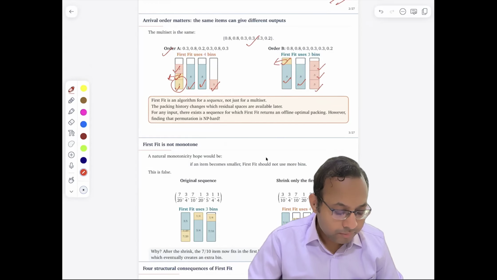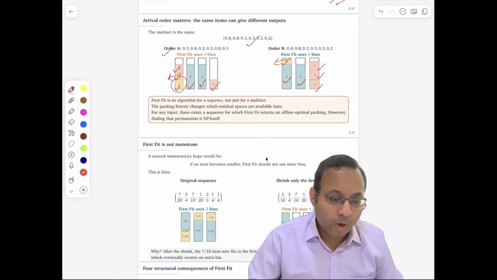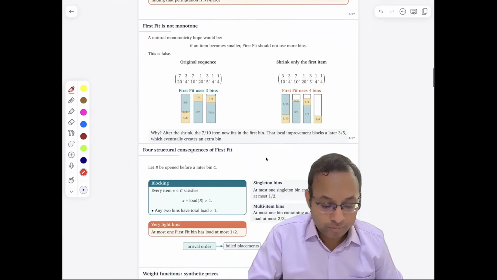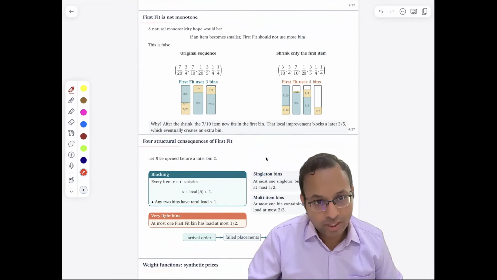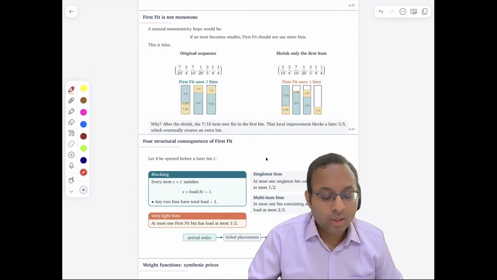Now there are some interesting properties of first fit. We'll see one of them: first fit is non-monotone. That means intuitively we believe that if we have some set of items and I increase the size of the items, then OPT should go up, and that is true. And similarly, if I decrease the item size, OPT should go down. But similar properties are not true for first fit.